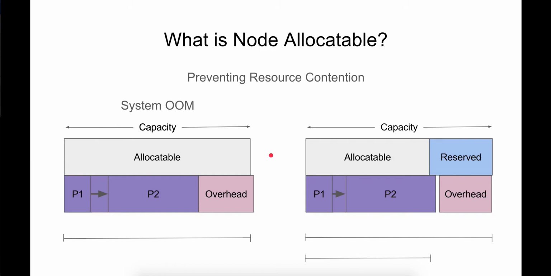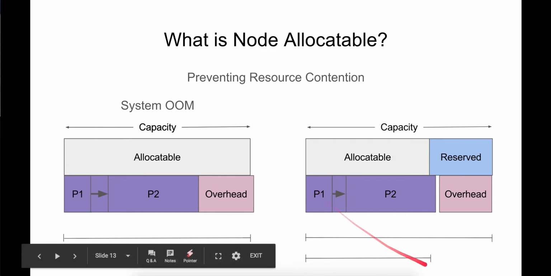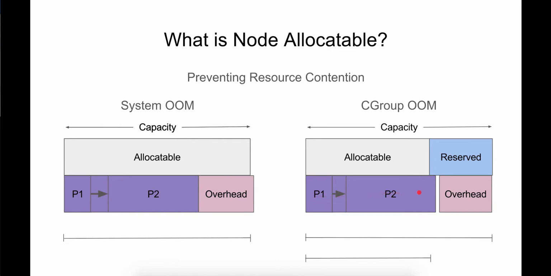But in this case, where let's say pod 1 consumes a little bit more, we've exceeded this C group here, but we haven't hit the system C group, or the system limit rather. So what we call this is just a C group OOM. And this is far less dangerous, at least for your cluster, because what will happen is that a pod or a container will die, and Kubernetes, because it's self-healing, will eventually hopefully bring it back.